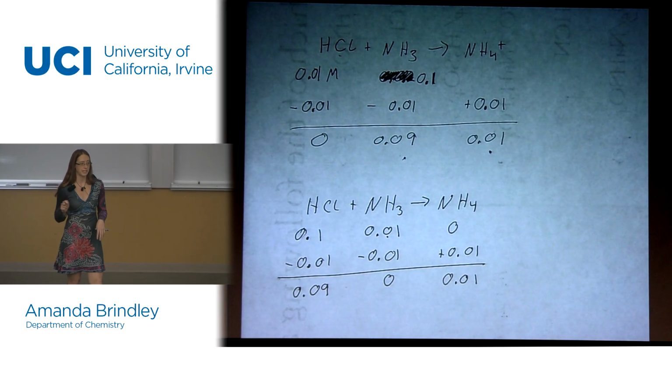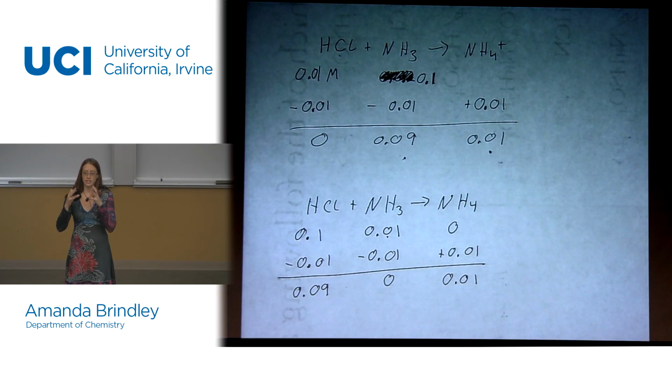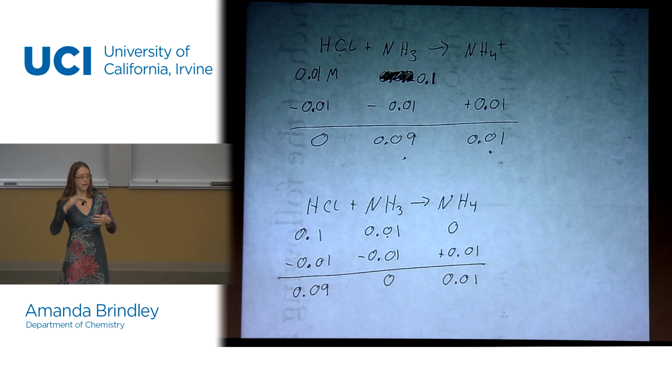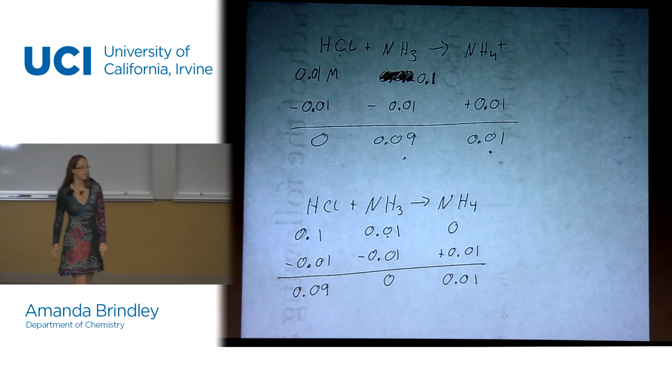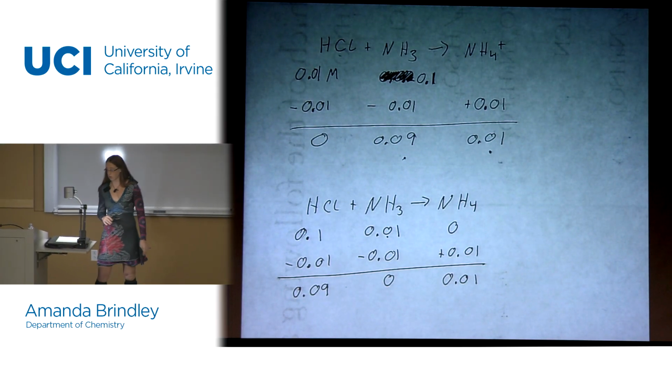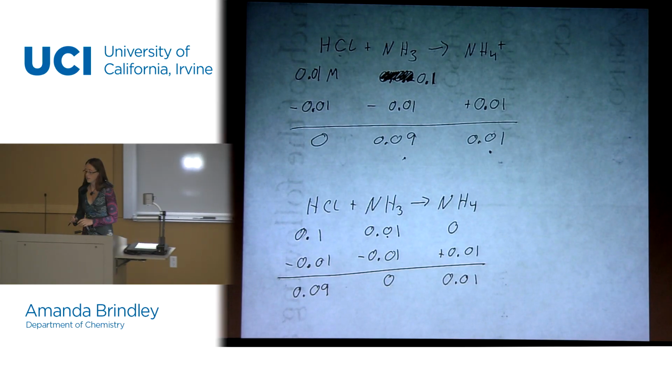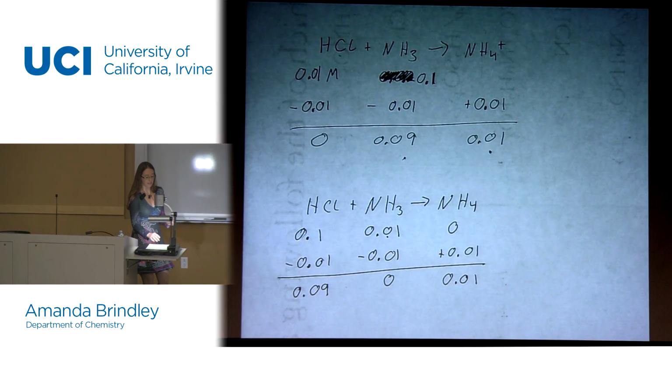If you want to scribble out the spectator ion, go for it. The reason I'm leaving it as HCl is just kind of as a reminder that we added this into the system, and that's the question that we're asking. So just keep that in mind if you're looking over it. Okay, now what do we have in solution?